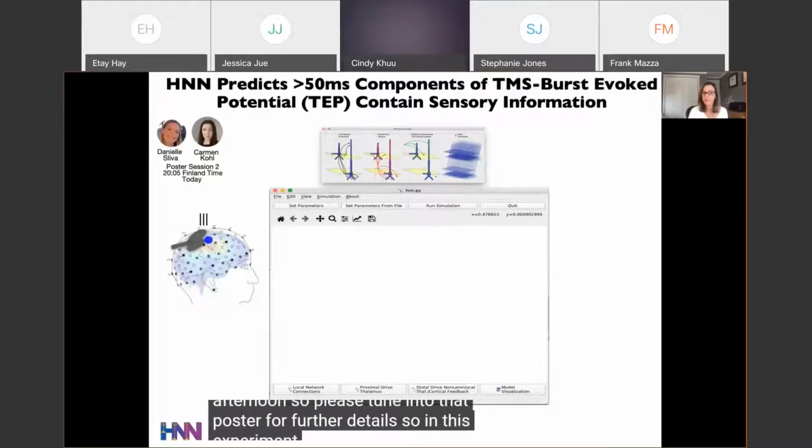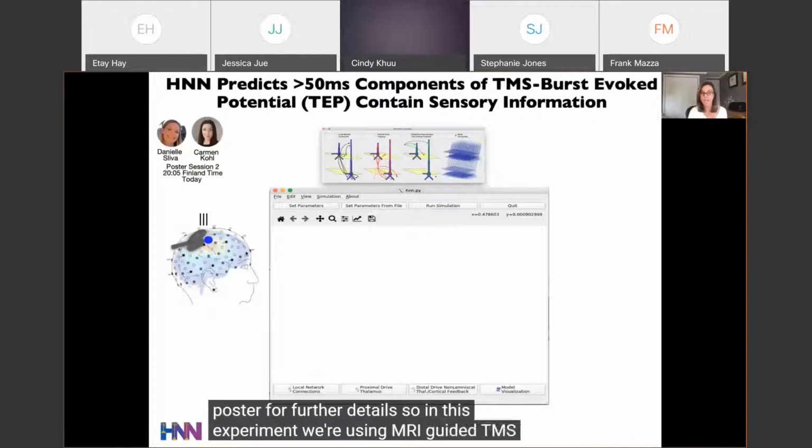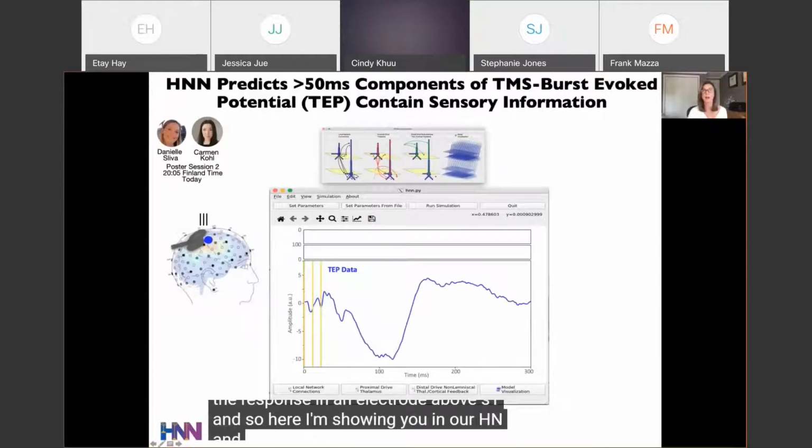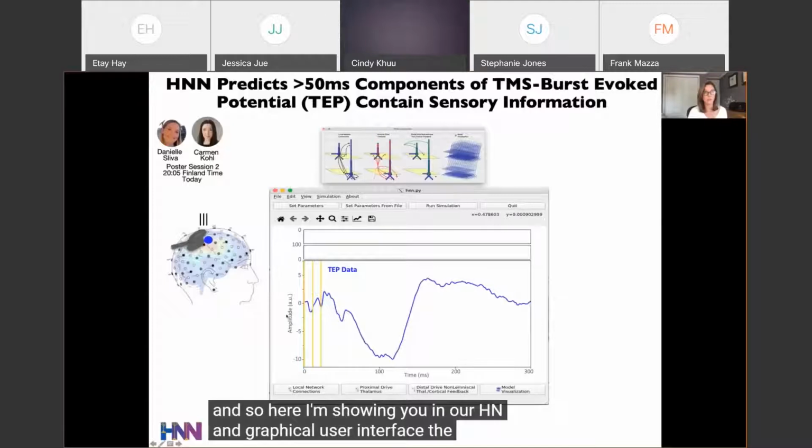So in this experiment, we're using MRI-guided TMS to give bursts of TMS pulses to somatosensory cortex, and we're recording the response in an electrode above S1. And so here I'm showing you in our HNN graphical user interface the response to that burst of 3 pulses to somatosensory cortex.